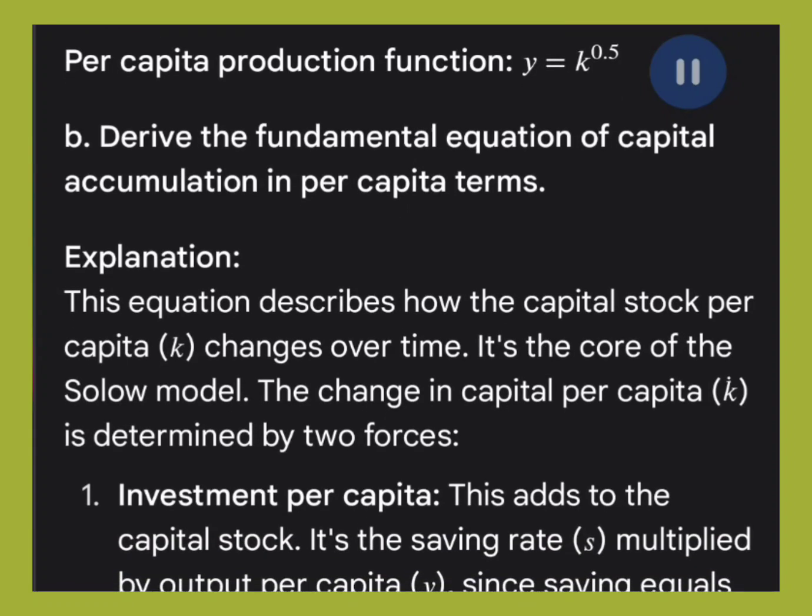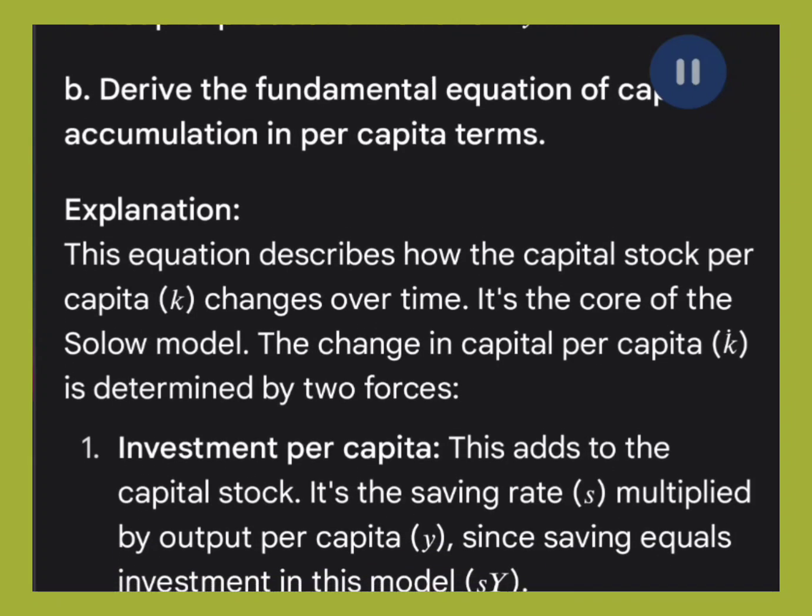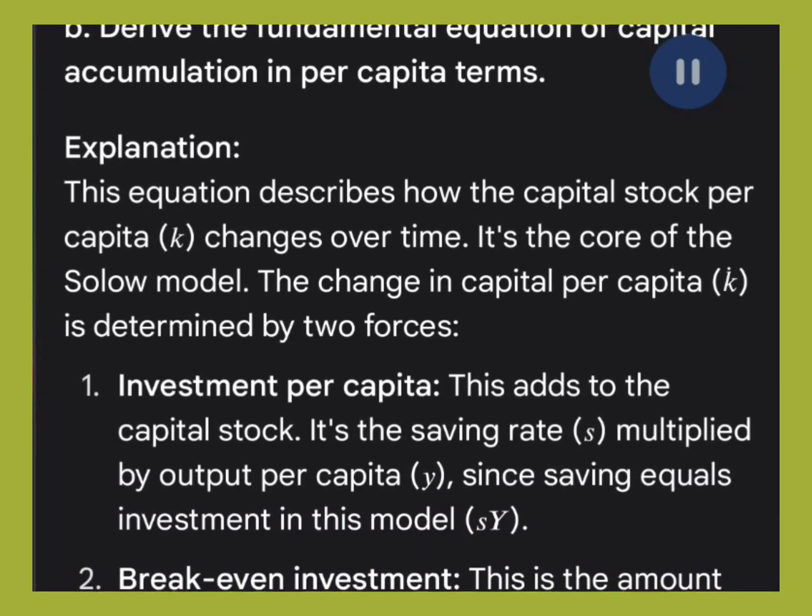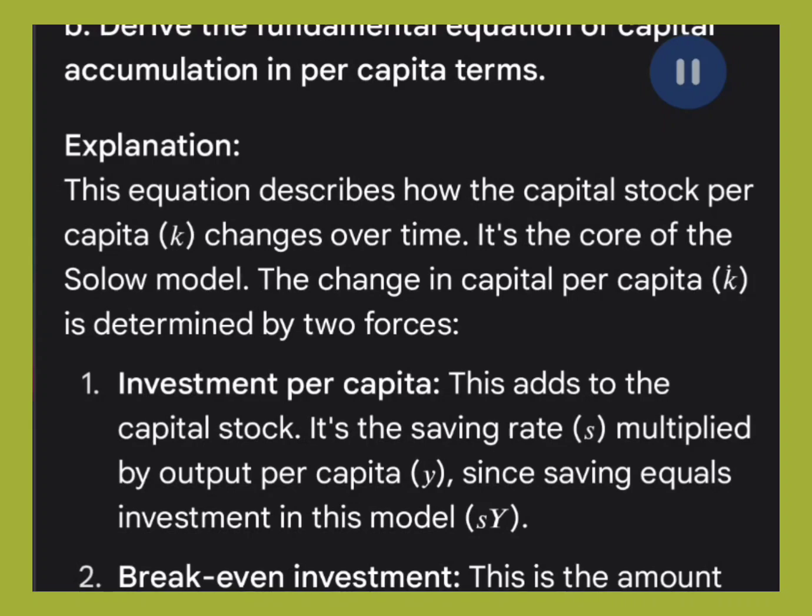B. Derive the fundamental equation of capital accumulation in per capita terms. Explanation: this equation describes how the capital stock per capita, k, changes over time. It's the core of the Solow model. The change in capital per capita, k dot, is determined by two forces. 1. Investment per capita. This adds to the capital stock.